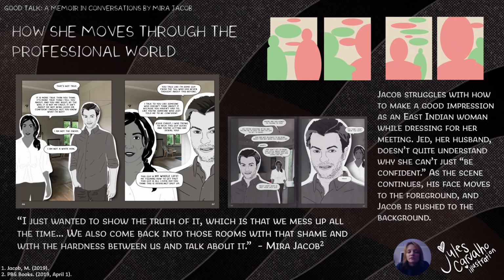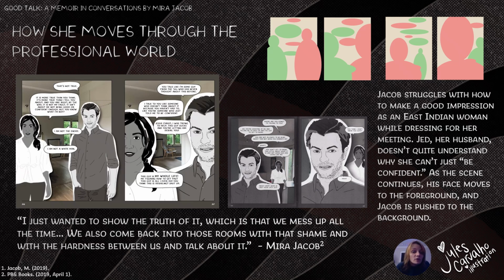But Jed just doesn't get her approach to this, as if it's a mental block for her, rather than an actual adaptation she's used to work through racism that she experiences. But she's showing that these misunderstandings and conversations don't only happen with strangers, it's also people that love you, people who still come from different worlds, have to work through these problems that arise from having different life experiences.